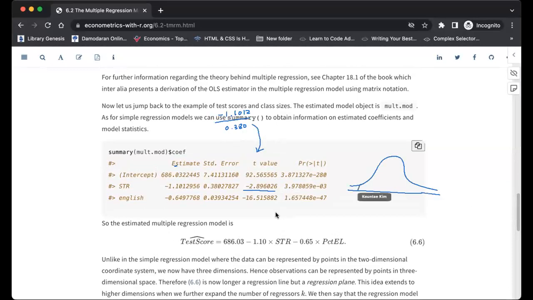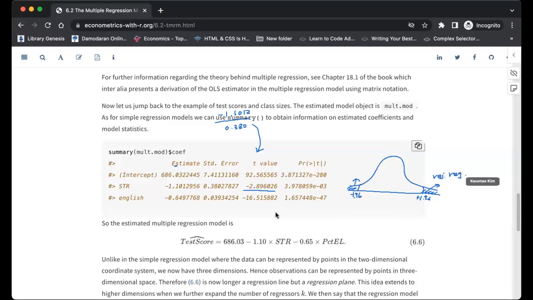When we look at the normal distribution, we test against negative 1.96 and positive 1.96, and we are testing this area, which is called the rejection region.